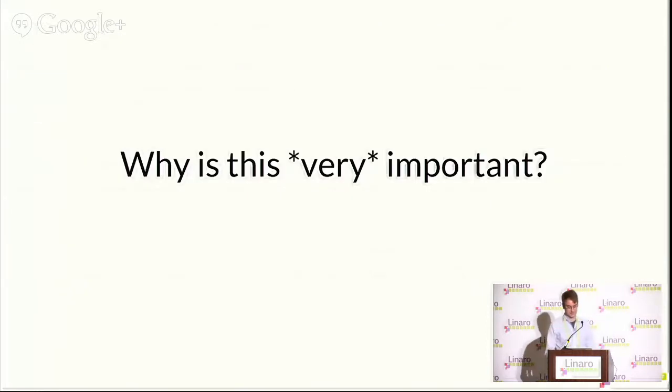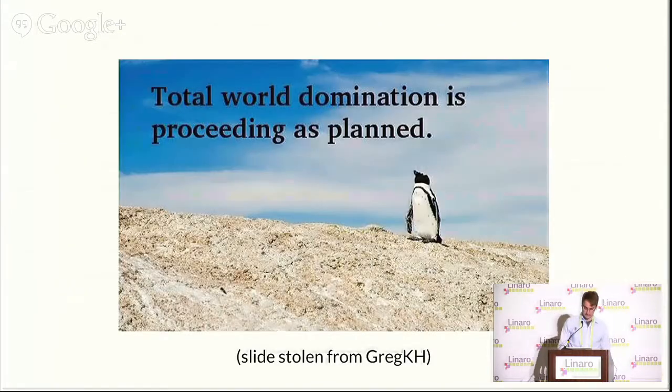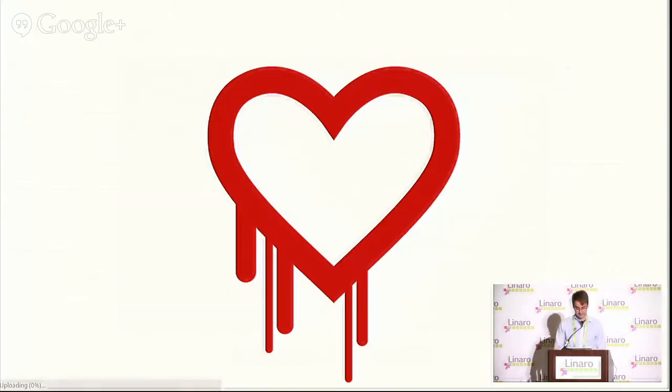Now, that said, why is this very important? This is a slide I stole from Greg Kroah-Hartman in one of his talks, where he was talking about how everything is awesome in the Linux world. And it's true, Linux is everywhere. We've got it on desktops, laptops, tablets, routers, phones, watches, cars, aircraft control. It's really everywhere, and that's great.